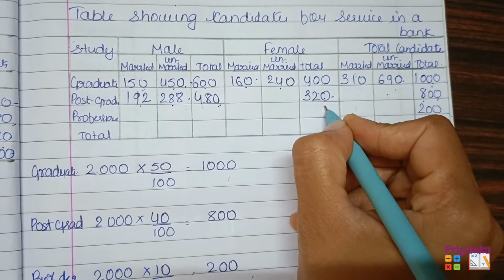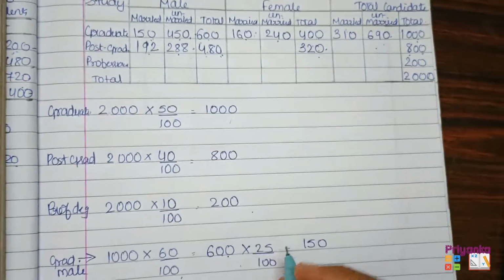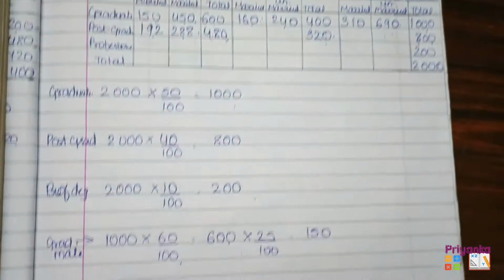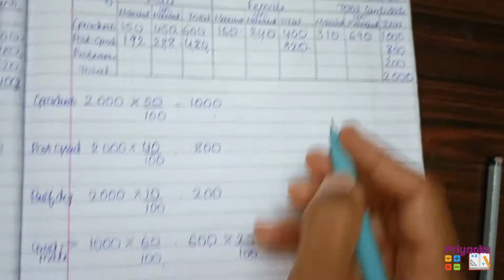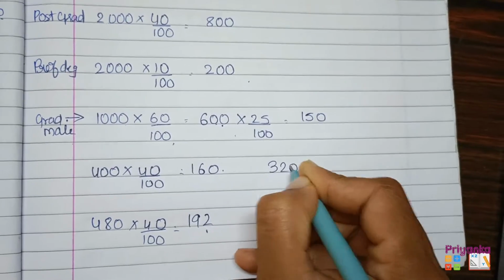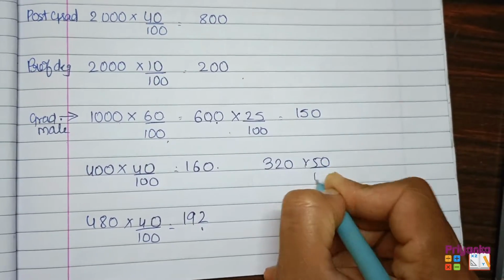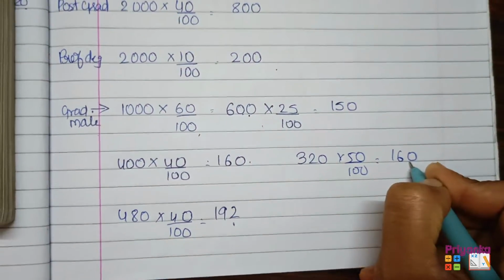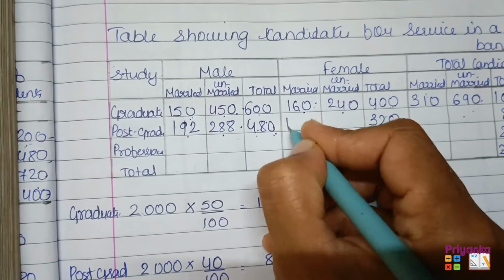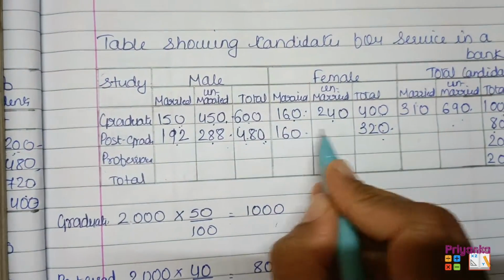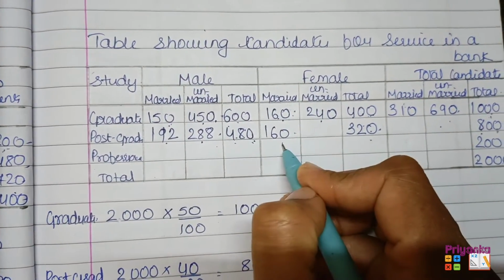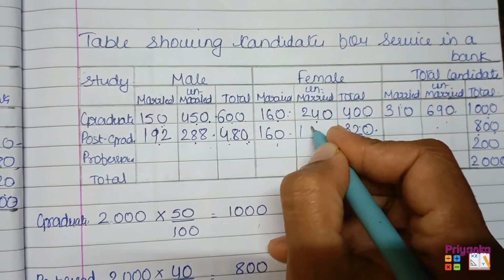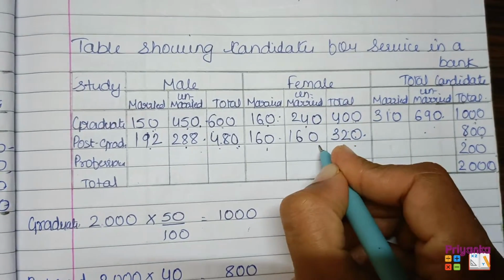So here we'll take 50% were married. So first take the total females, 320, and take 50% of it, 160. So 160 were married. So out of 320, 160, 50% were married. So obviously the remaining 50% must be unmarried.